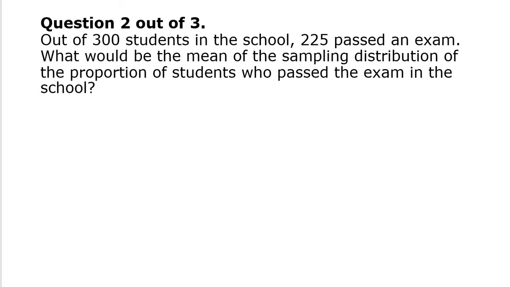And the population proportion is the part over the total of the population. So that is equal to p. p is equal to 225 divided by 300. And that proportion is going to be 75% or 0.75. So that is basically the mean, because in this distribution, the mean is equal to the population proportion.